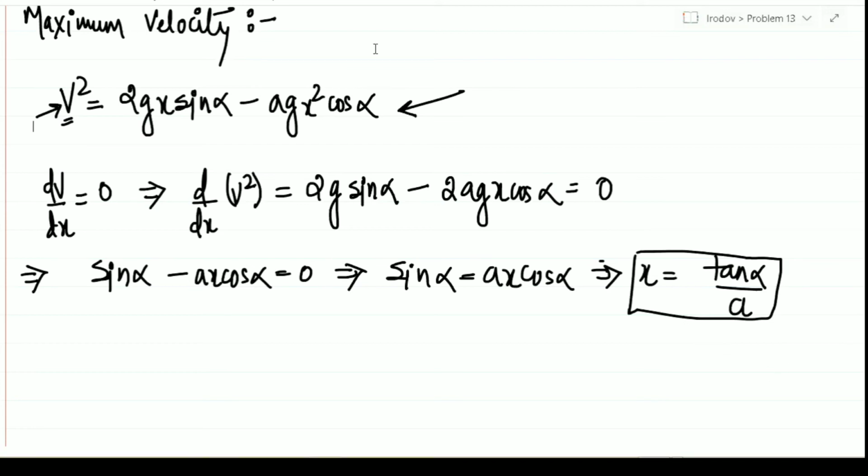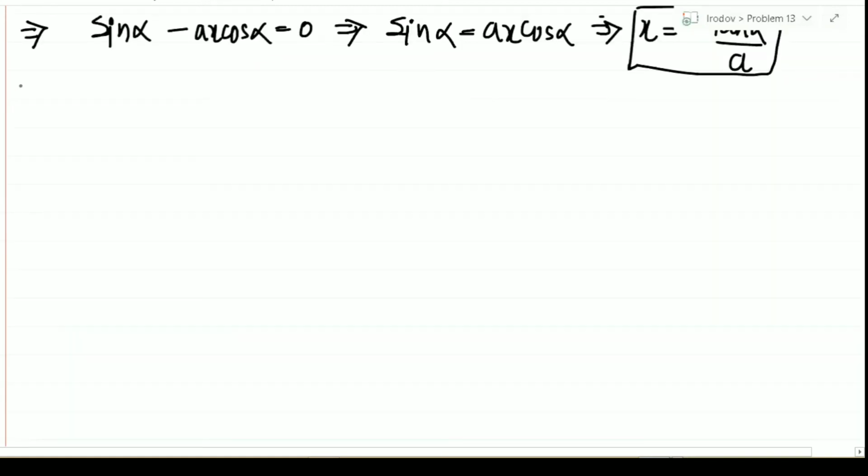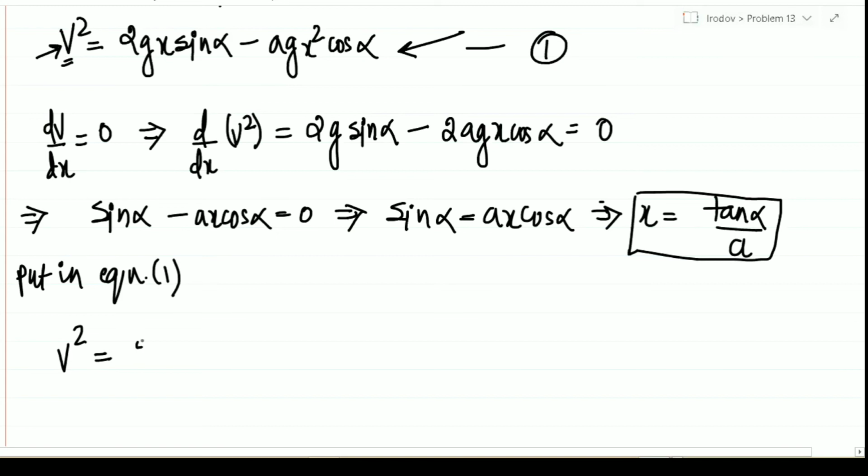Let us name this once again. This is equation 1. Put in equation 1, v square is equal to 2g sine alpha times tan alpha by a.